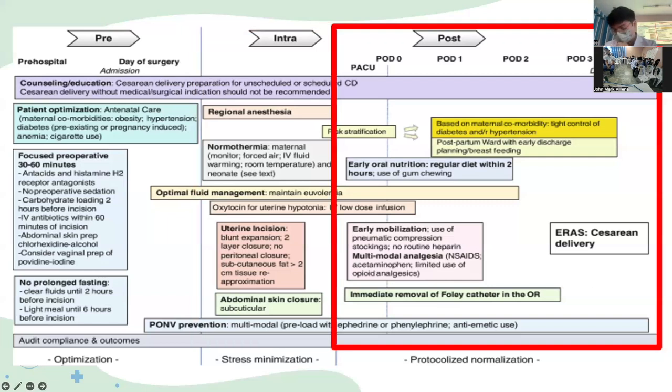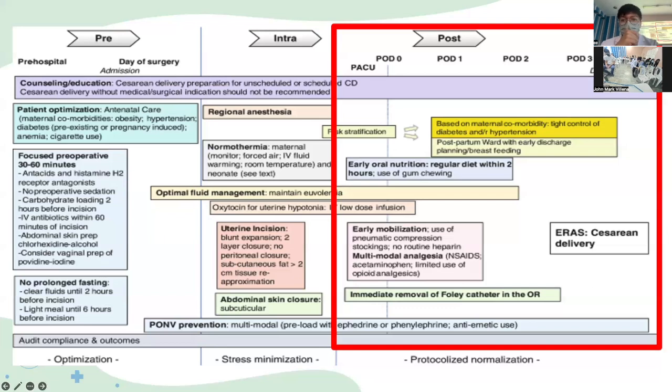So in post-op cesarean delivery, we have the early oral nutrition. The goal of early oral intake is to accelerate the return of bowel function and reduce post-op catabolism. Early oral intake improves insulin sensitivity and mitigates the surgical stress response.